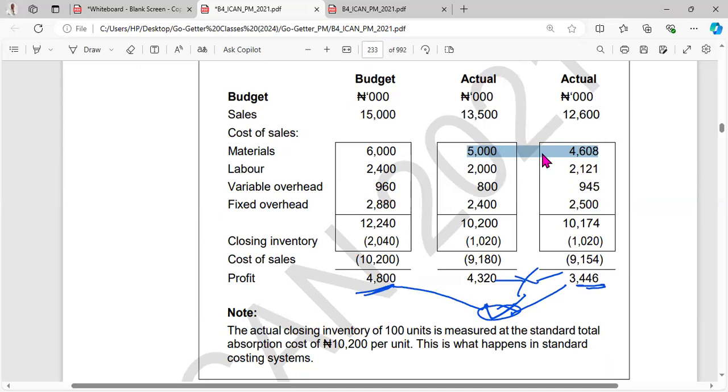Now, this doesn't tell us whether the variance came as a result of quantity or price, whether it is usage or price. This is just the total, but we need to analyze it. Is this variance caused by price or is it caused by usage? We need to find out.